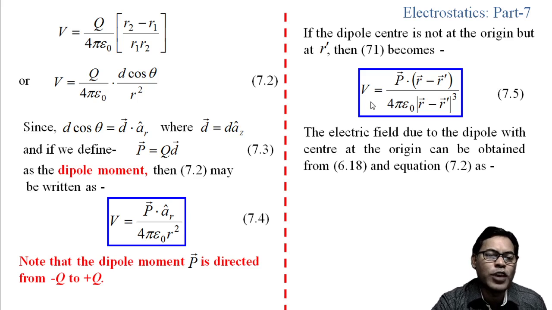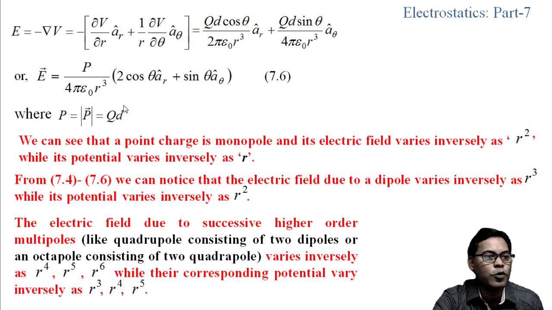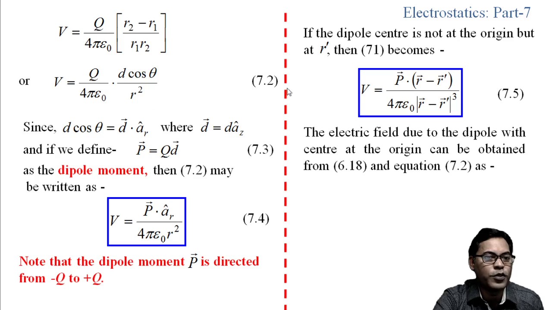Now, as we have calculated the potential V at the observation point P, we can easily find the electric field intensity at the point P using the relationship E equals minus grad V. Here E equals minus grad V, and the expression of V we are taking from 7.2, V equals q d cos theta divided by 4 pi epsilon naught r square.